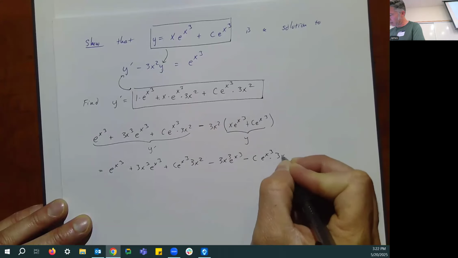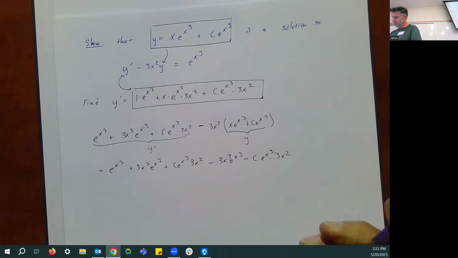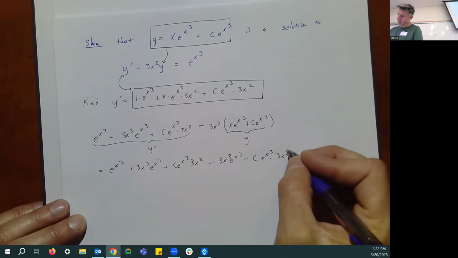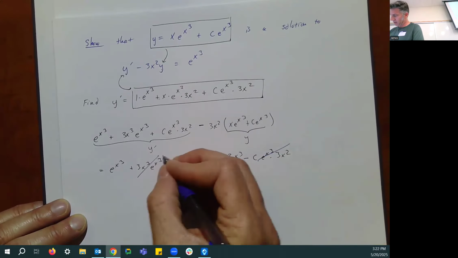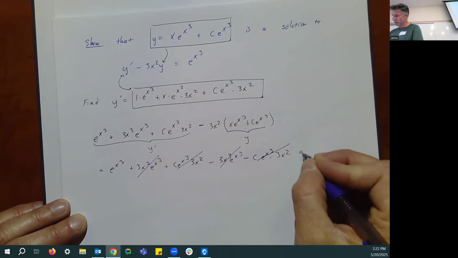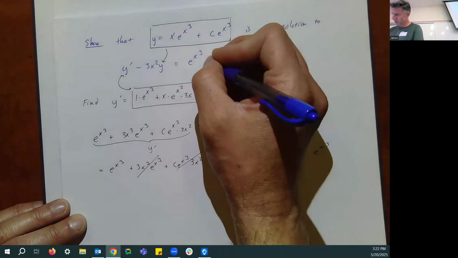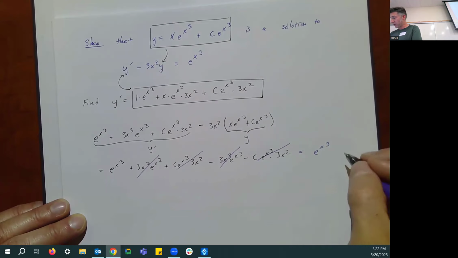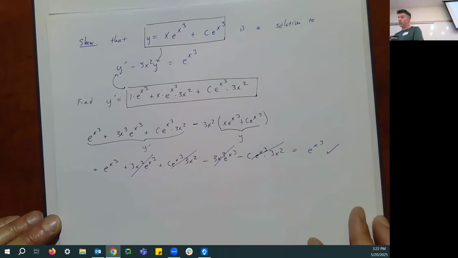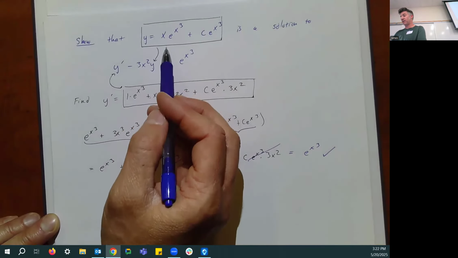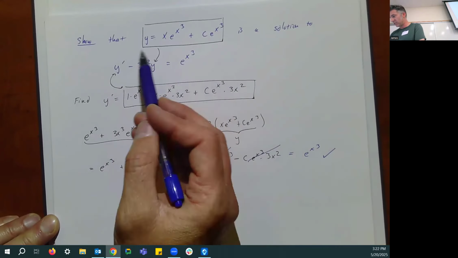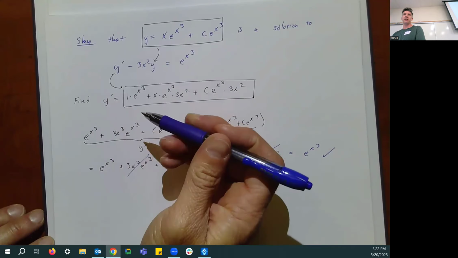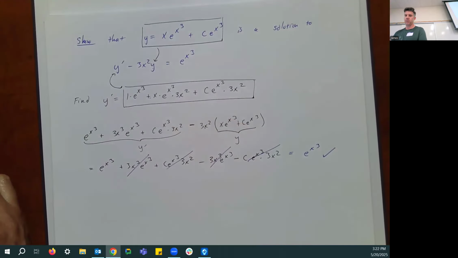Let's see, the minus c e to the x cubed 3x squared cancels with the plus one, and this cancels with that. So we end up getting e to the x cubed, which is what we want the other side to be equal to. So it works. That shows that y equal to x e to the x cubed plus c e to the x cubed is a solution to this differential equation. It's a little tedious, but it's also totally fine.